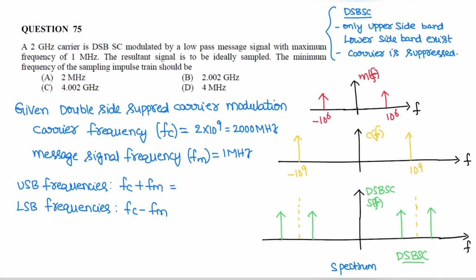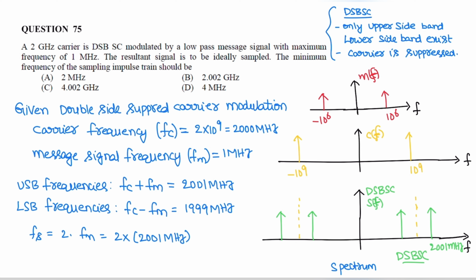The highest frequency component is FC plus FM, 2001 megahertz, and the lowest is 1999 megahertz. So the sampling frequency Fs is 2 times 2001 megahertz, which is 4002 megahertz or 4.002 gigahertz. This is the sampling frequency for the given signal. So the correct option is C.